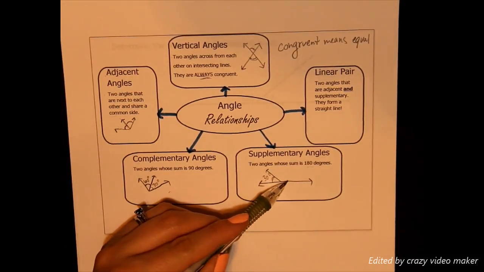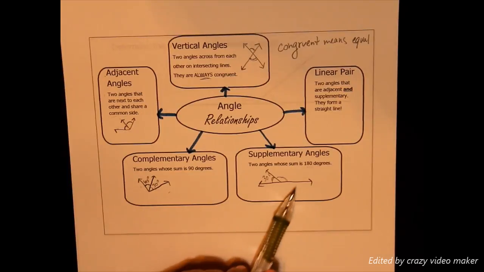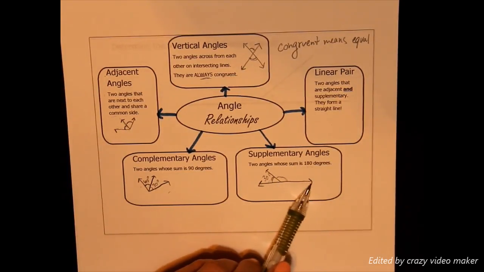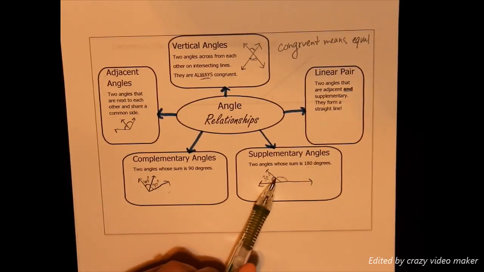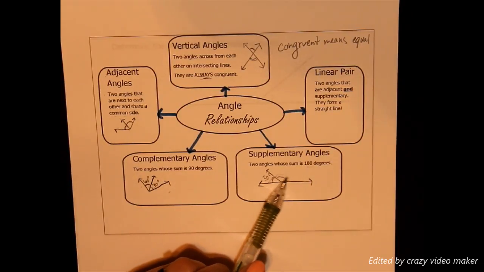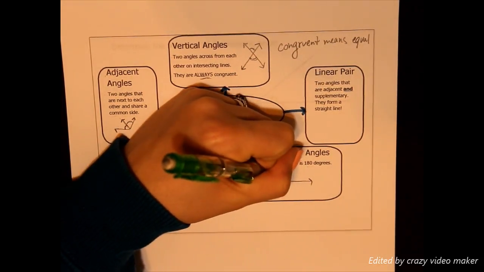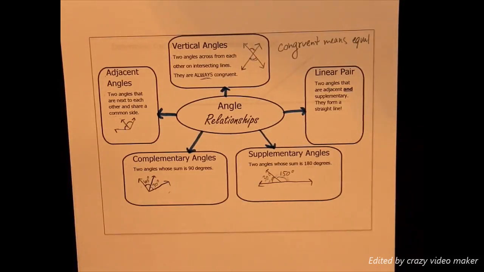So to figure out what this one is, we know that since both angles, when you would add them together, make a straight line here, this other angle has to be 150, because if you took 150 and added 30 to it, you would get 180. So the other angle would have to be 150 degrees.